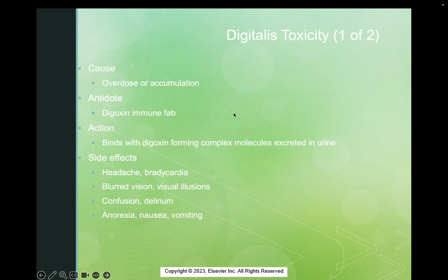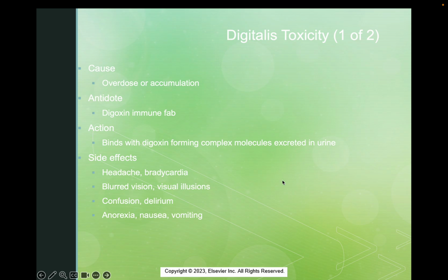So it's easy to overdose, or patients who are not metabolizing appropriately can accumulate this drug in their system. And so this is something that is usually monitored by lab work. There is an antidote known as the digoxin immune fab, which binds with digoxin and excretes it in the urine.